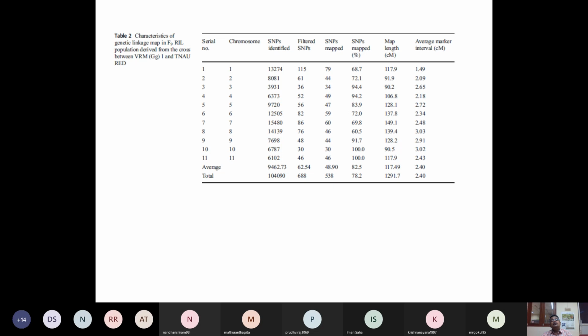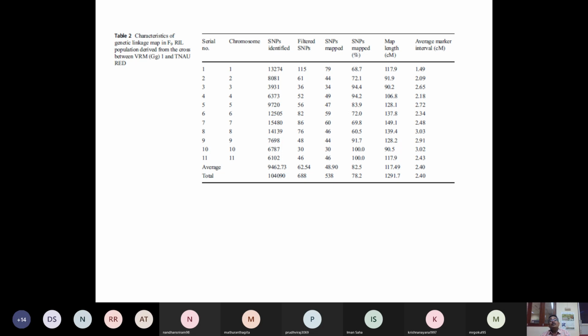In this case, 13,274 SNPs are identified in chromosome 1, and then how many filtered SNPs, 155, and how many mapped SNPs. So even though you identified this many, 13,000 SNPs, after satisfying all the criteria like the chi-square test and many other things, after filtering, you finally end up with this many SNPs.